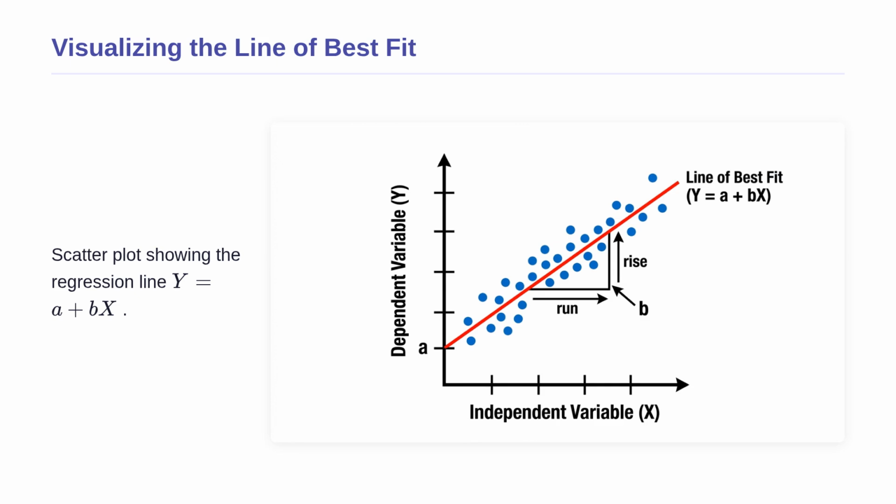Look at where the red line crosses the vertical axis on the left. That specific point is our intercept, A. Now look at the small triangle drawn on the line, labeled rise and run. This represents our slope, B. It visually shows how much the line rises for every step it moves to the right. This single line minimizes the total distance from all the scattered dots, giving us the most accurate prediction possible.